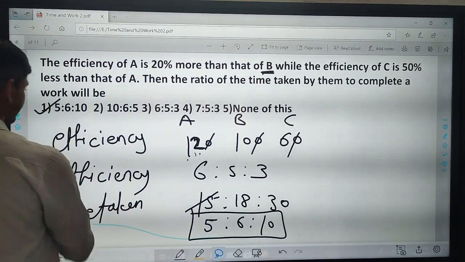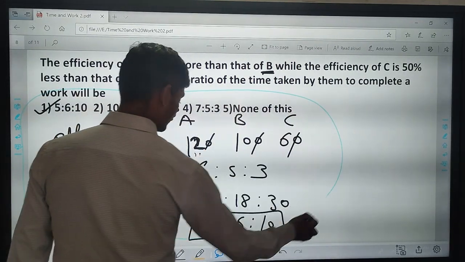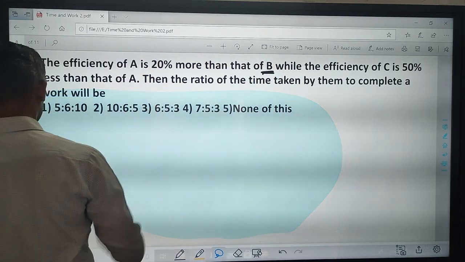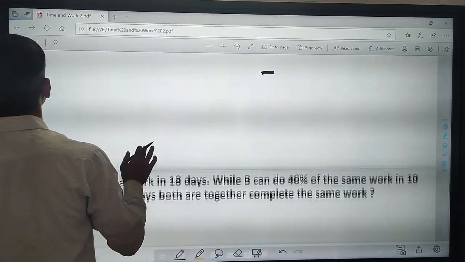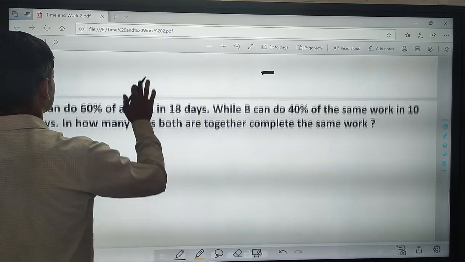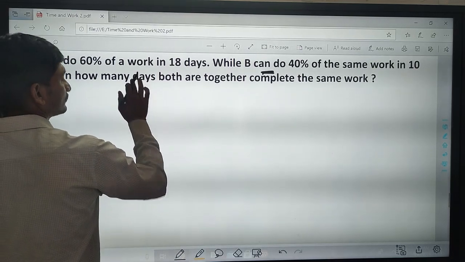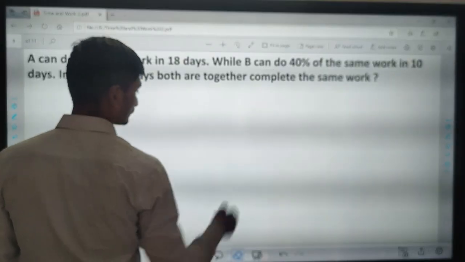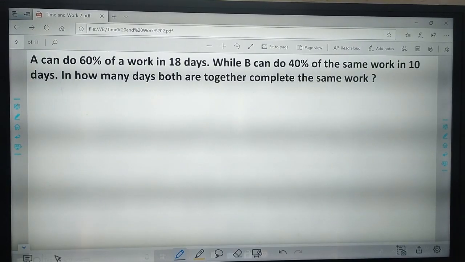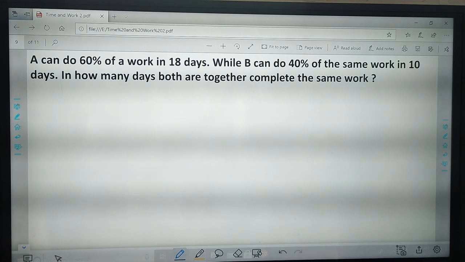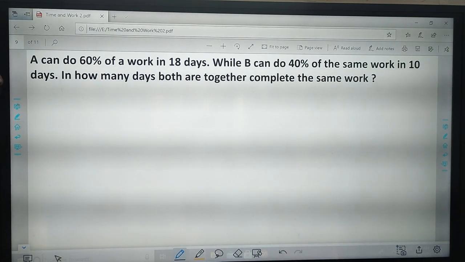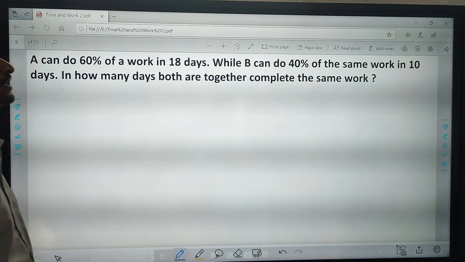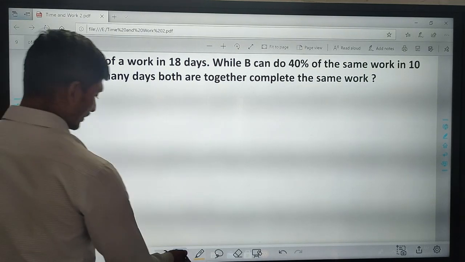Now next. A can do 60% of work in 18 days, while B can do 40% of work in 10 days. How many days will both together take to complete the same work?